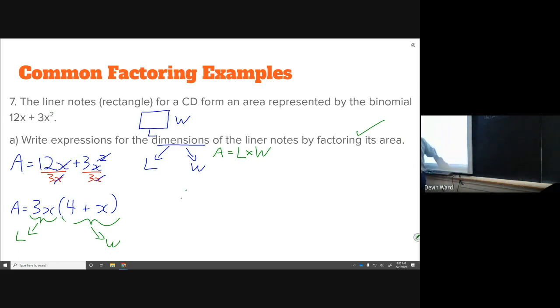So therefore, our length is going to be equal to 3x and our width is 4 plus x.